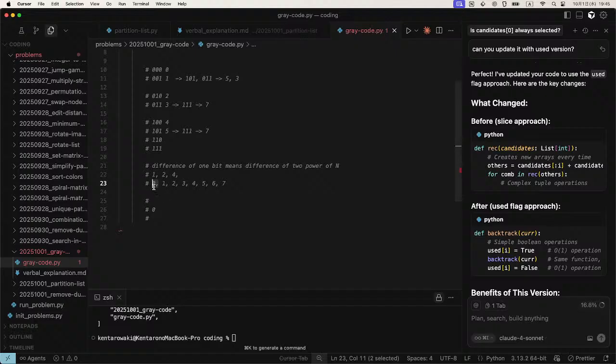Okay, but after jumping to 1, we cannot jump to 2 because the 1 is already used, so we cannot change this bit. So from here we jump to 3 or 5, right? Yeah, 3 or 5.